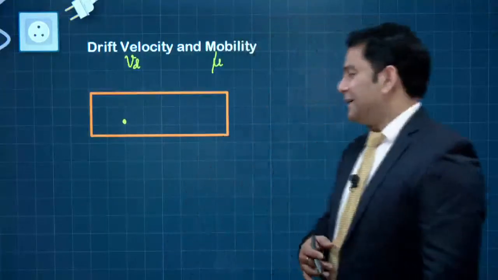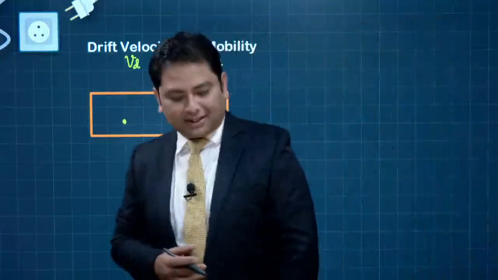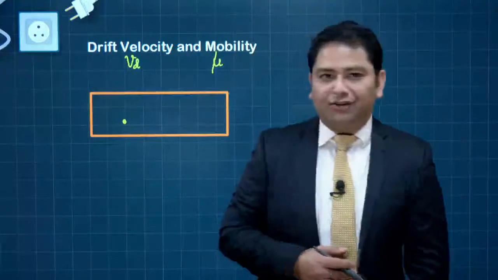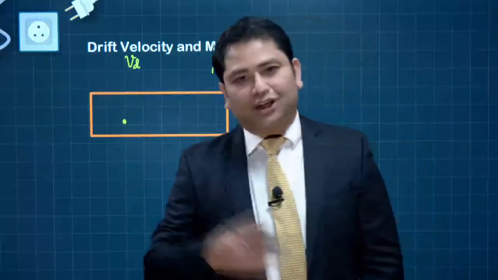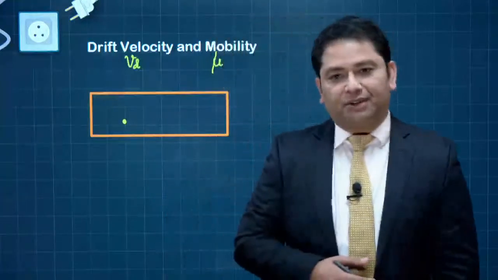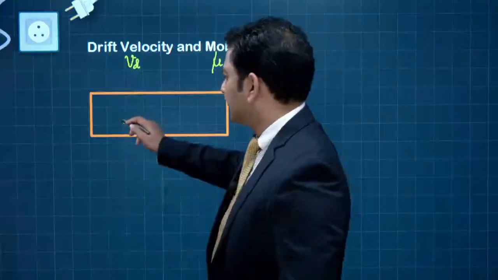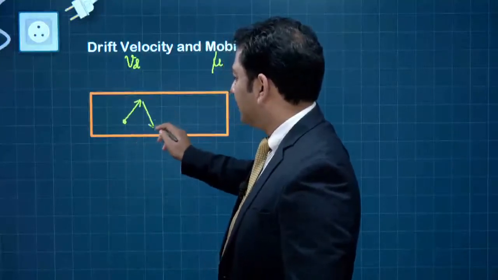Okay, now let's see. Coming to this case, this is a conductor. There's no battery. There are the charges. They are the electrons. At room temperature, because of thermal agitation, the charges would be moving randomly, all right?